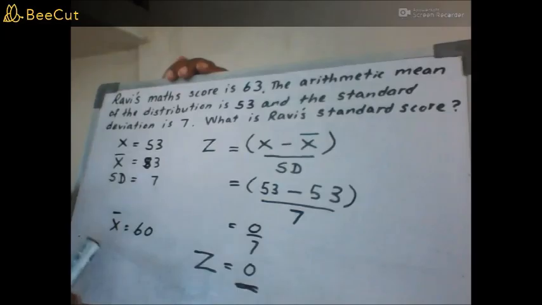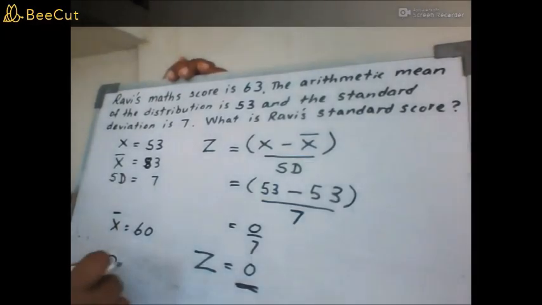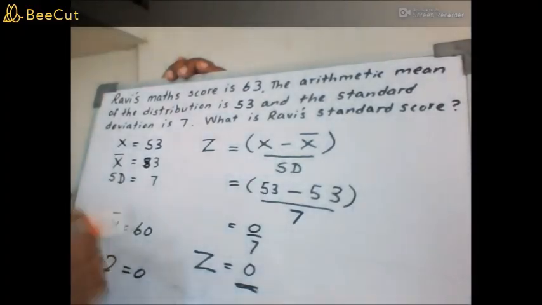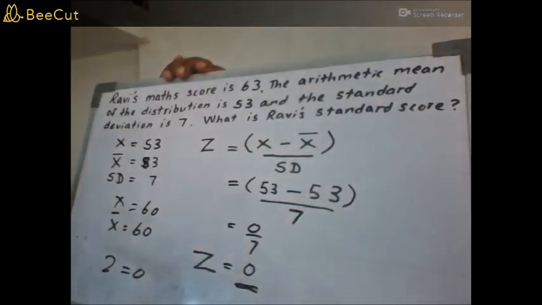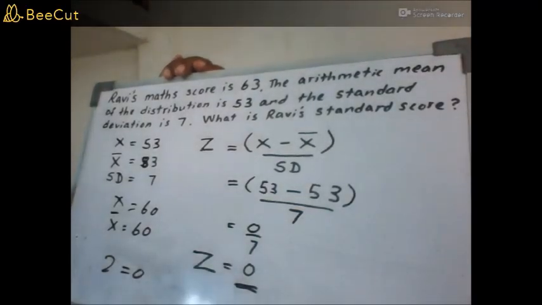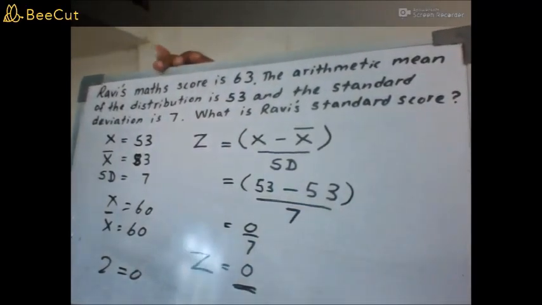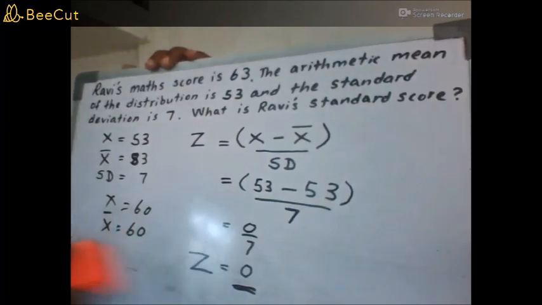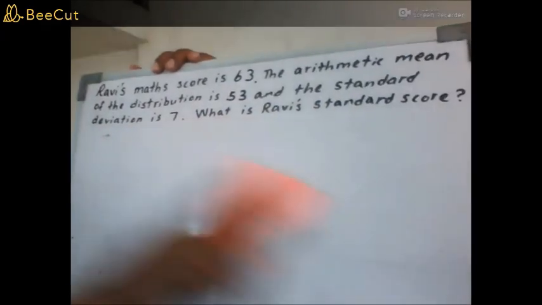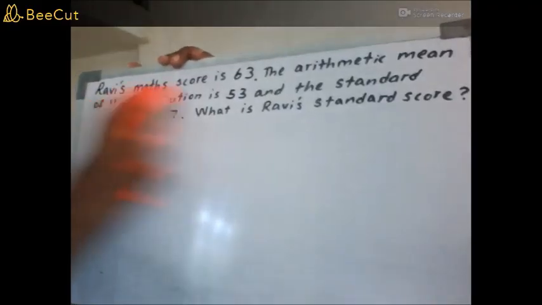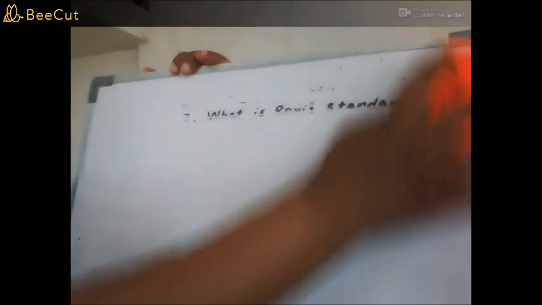What is Amali's mark? It's 60, because Z equals 0 means this child has scored the average mark, that is 60. All these are first paper questions, so all of you must practice these. Not difficult.